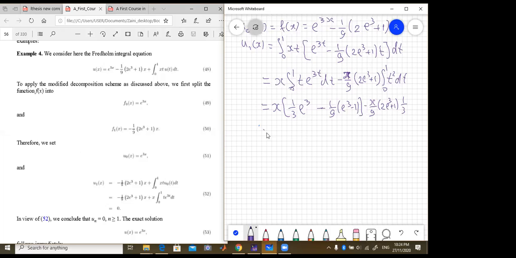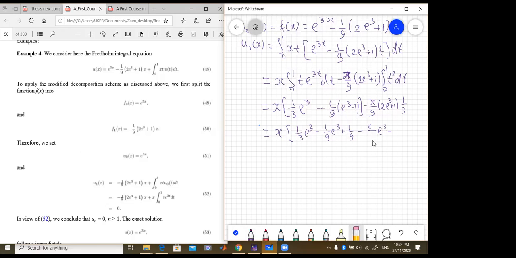So if I take out x, what I have is 1 over 3 e cube minus 1 over 9 e cube plus 1 over 9 minus 2 over 9 e cube and 27.